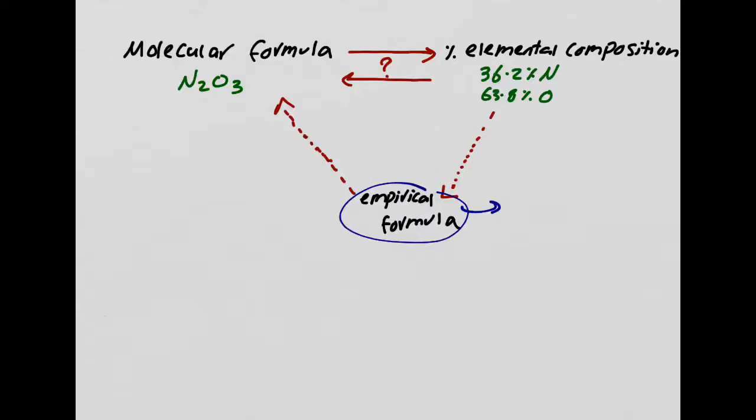Now, what is empirical formula? What does empirical mean? It means the lowest, the simplest whole number ratio. And the part I'm going to circle is whole number. It has to be a whole number ratio. Now let's do a little side practice problem to make sure you really understand what empirical formula means.